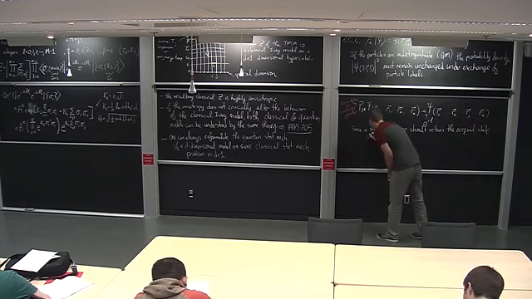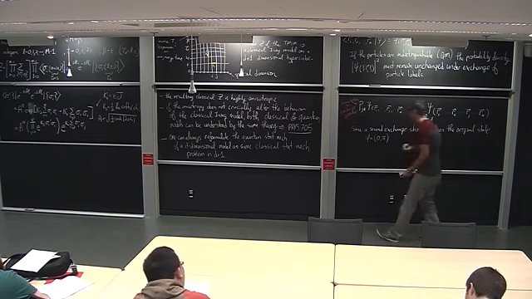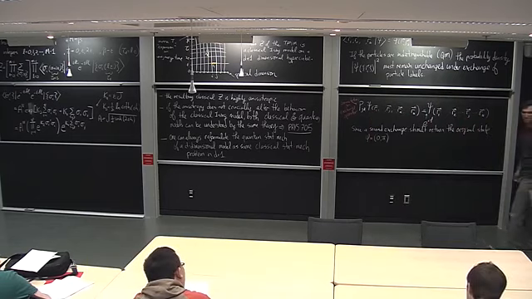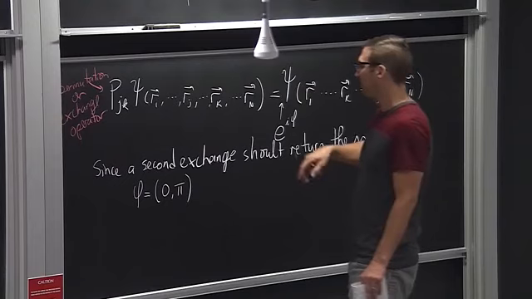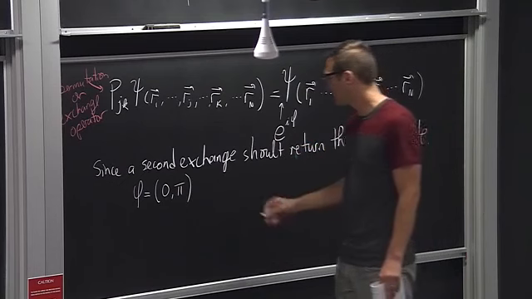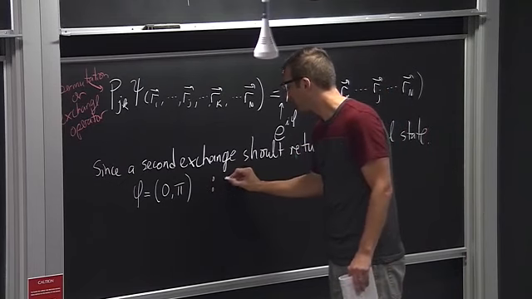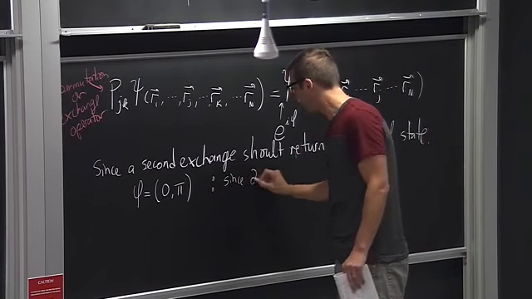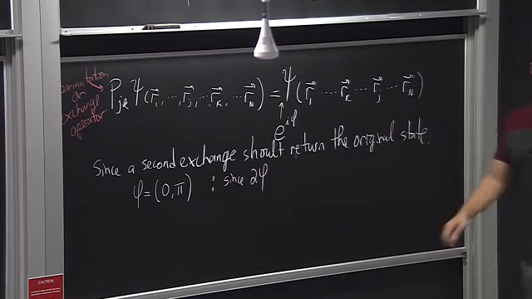That means phi is restricted to two values, 0 or pi, because a second exchange gives 2 phi.